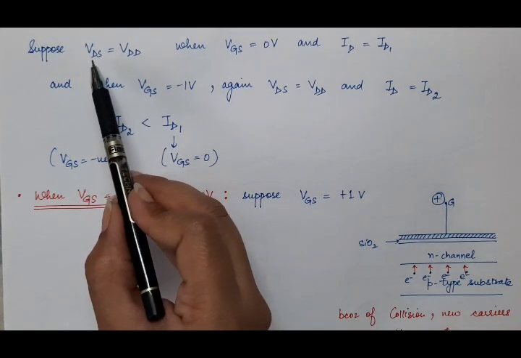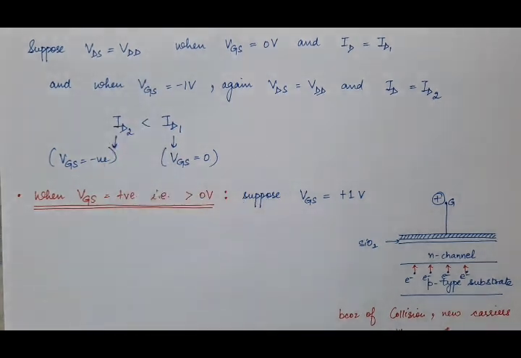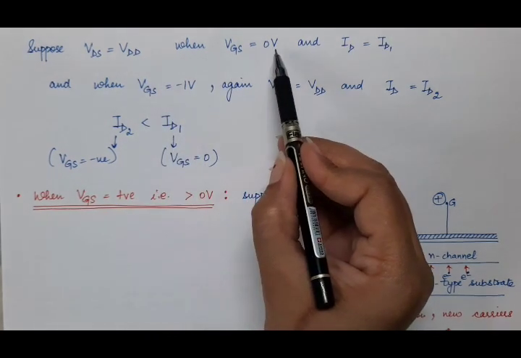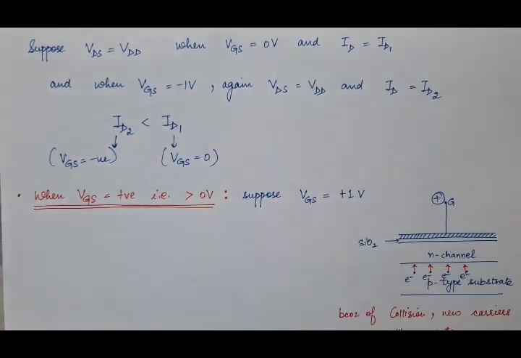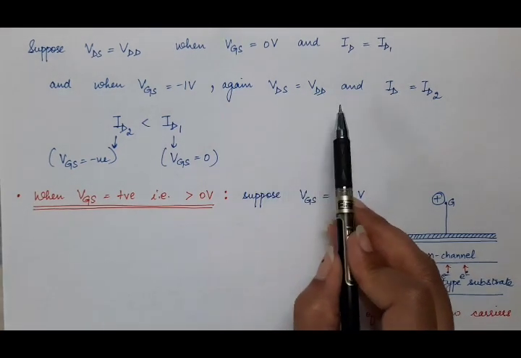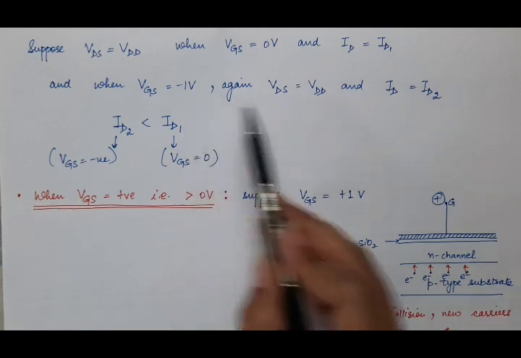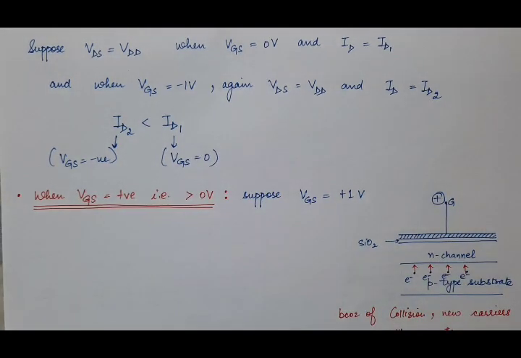And the value of drain current corresponding to VDS equal to VDD and VGS equal to 0 volt, suppose it is ID1. And similarly, corresponding to VDS equal to VDD and VGS negative, suppose the drain current is ID2.